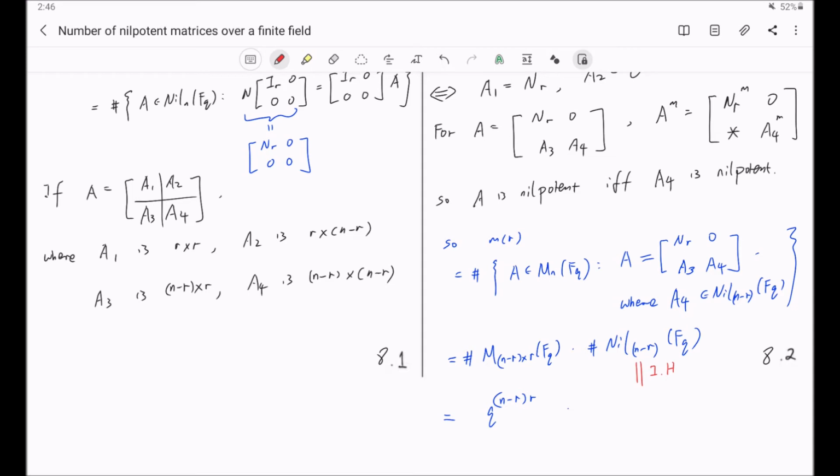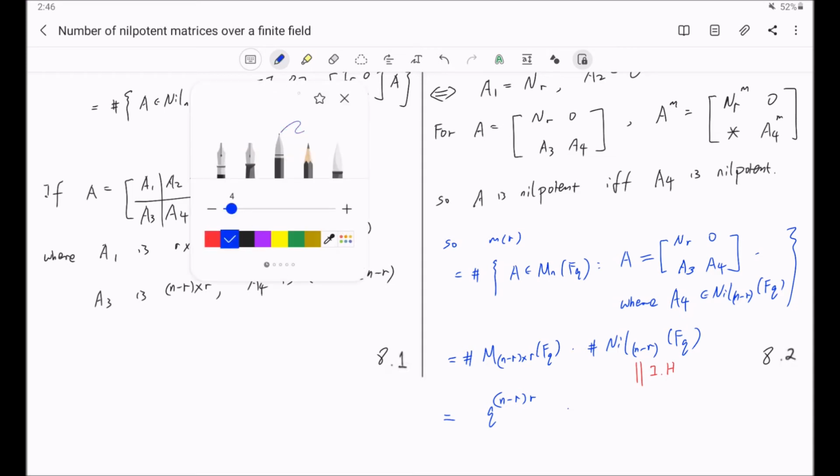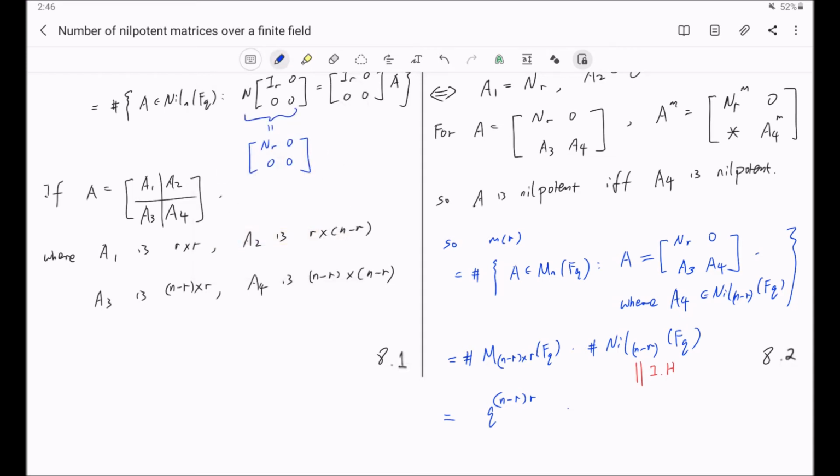By our induction hypothesis, the second part will be equal to q raised to the power (n minus R) squared minus (n minus R), whenever R is greater than or equal to 1.